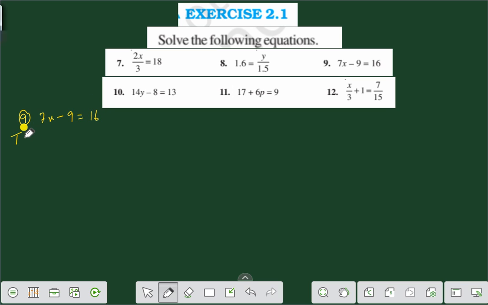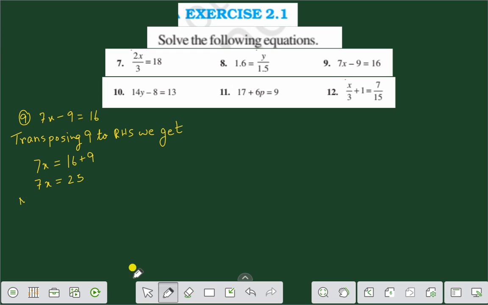Transposing 9 to right hand side, we get 7x is equal to 16 plus 9 is equal to 25.